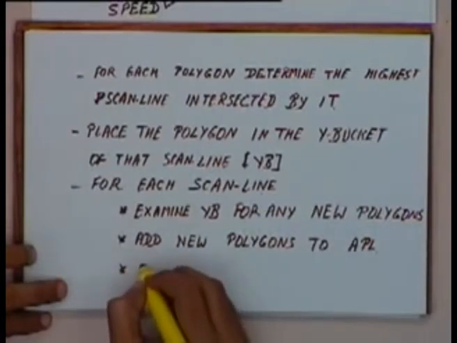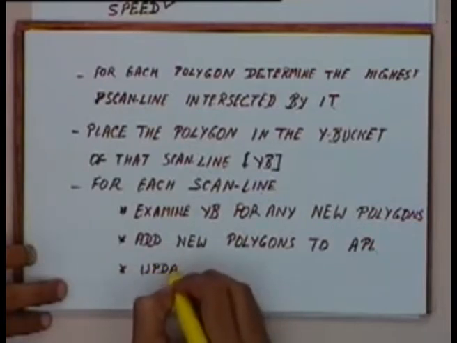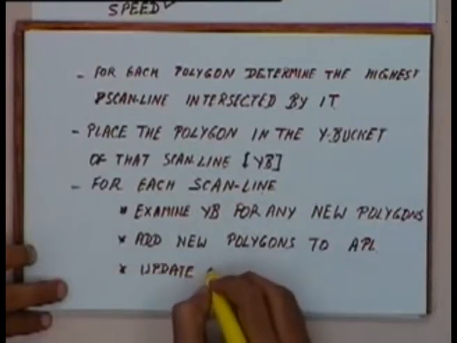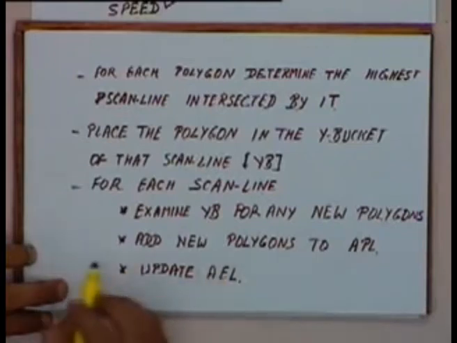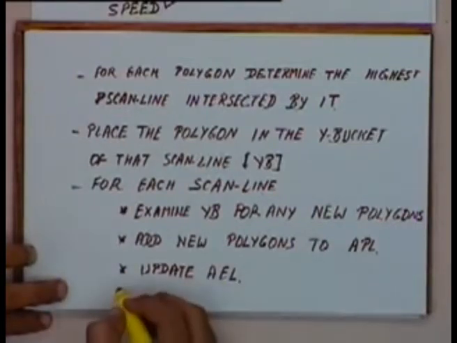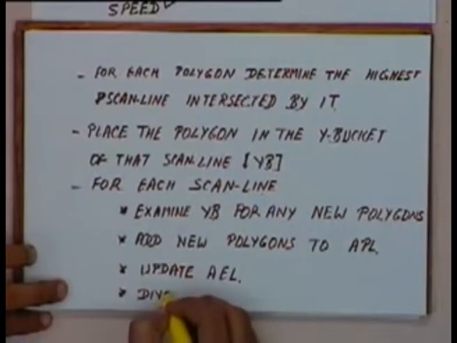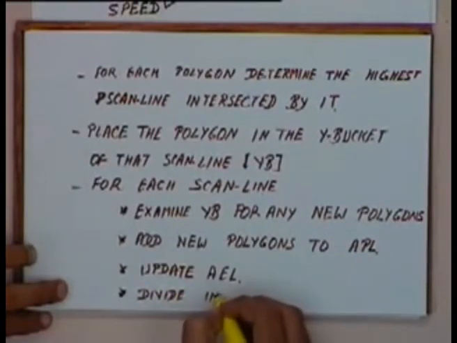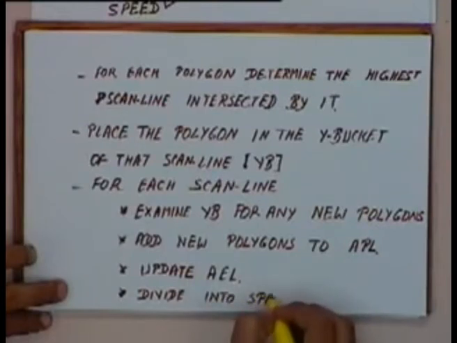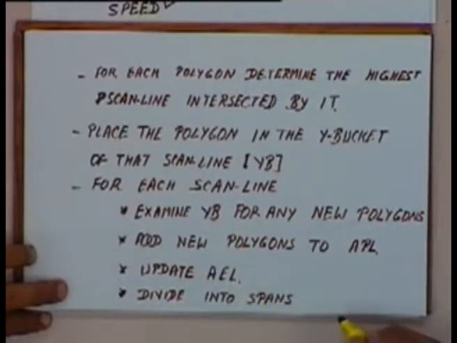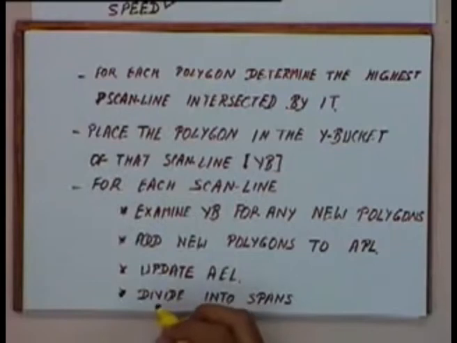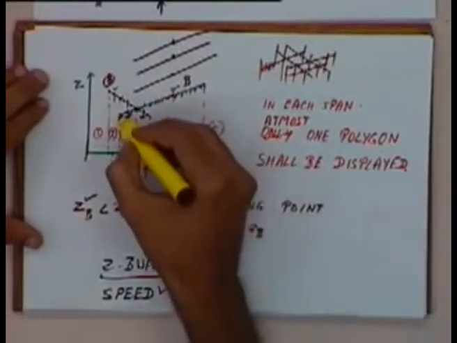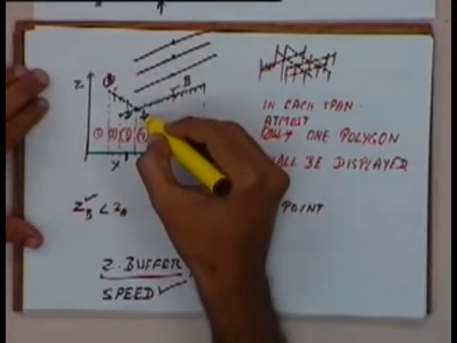Then we'll update the active edge list and then divide into spans. Once I have updated the active edge list, I can easily find out the set of lines in my XZ plane. Each of these lines like this can be obtained from the active edge list.